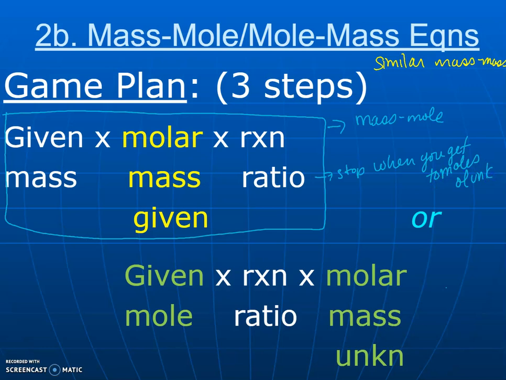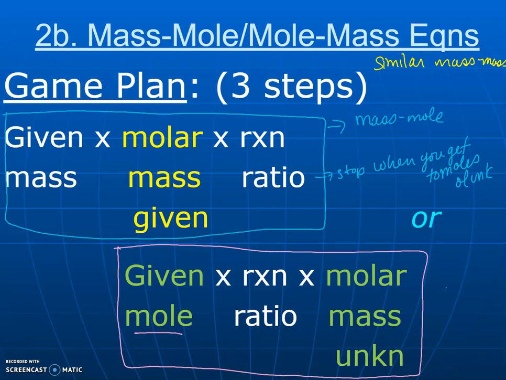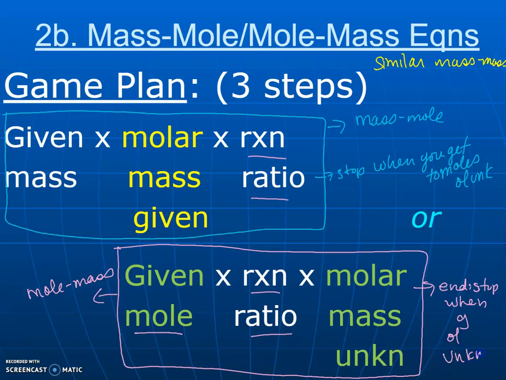The opposite is going to be true for a mole-mass problem. You would be given moles to start off with. This is your mole-mass problem conversion game plan. Then you use your reaction ratio. You always use your reaction ratio in stoichiometry. And then you stop when you get to grams of unknown.